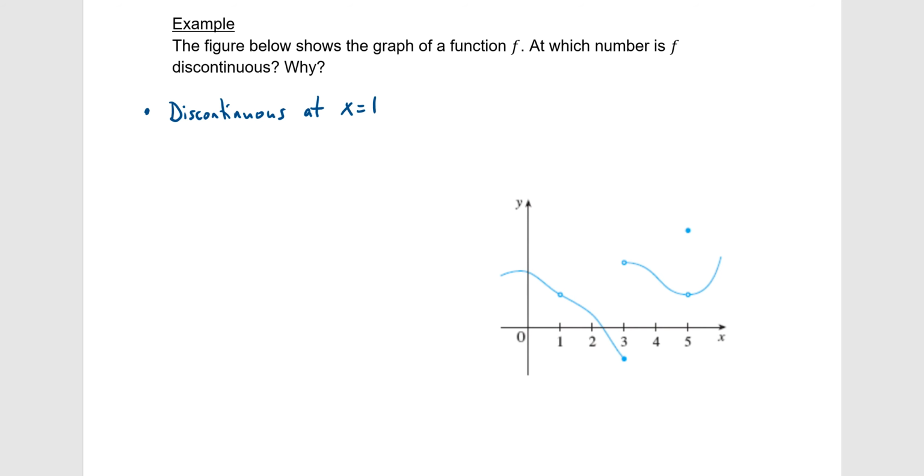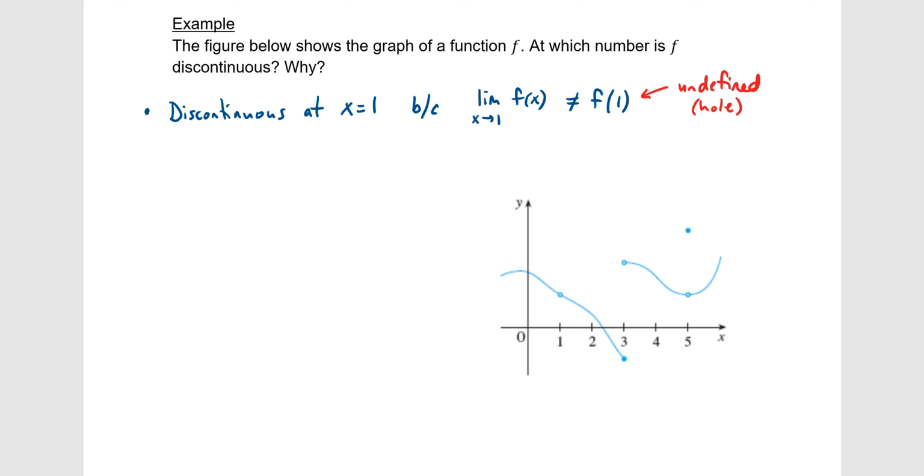And what we can say is that it's discontinuous at x equals 1 because the limit of f of x as x approaches 1 does not equal f of 1. So the limit itself exists, but the value f of 1 is undefined because there is a hole. Okay, so there's one form of discontinuity.